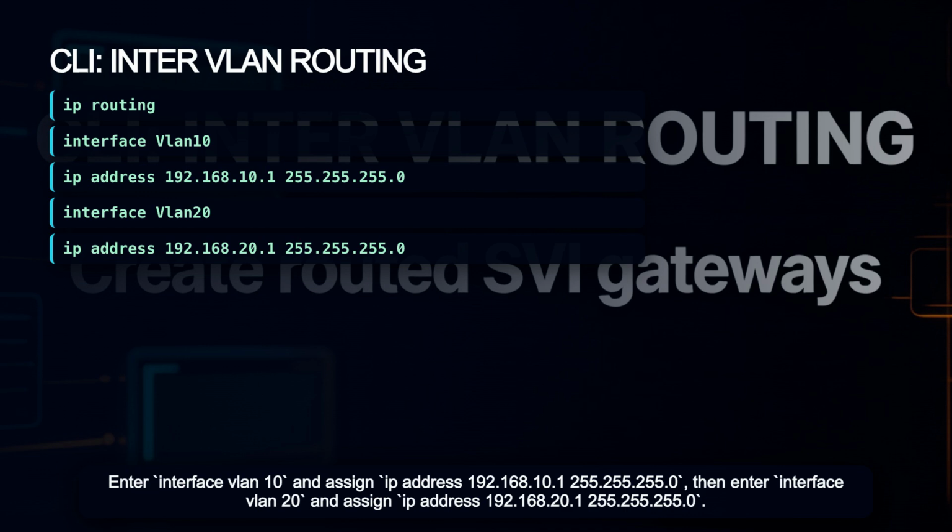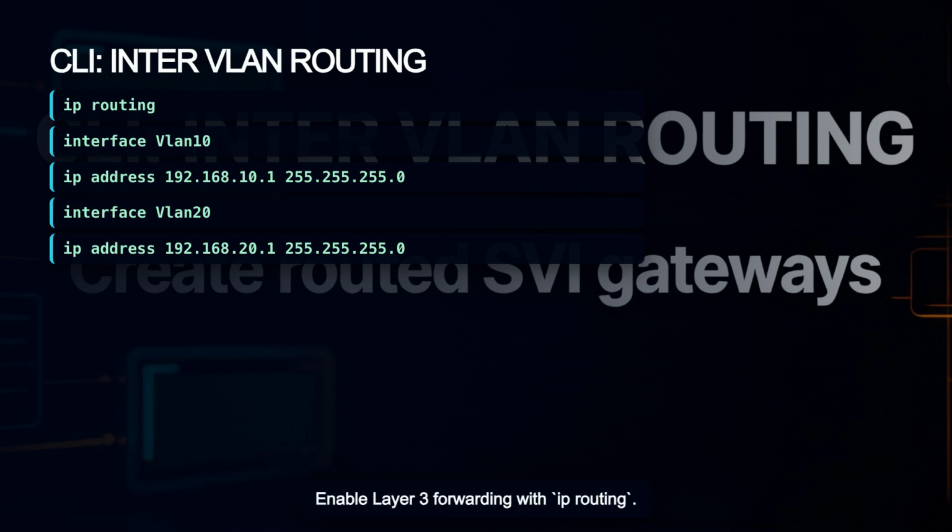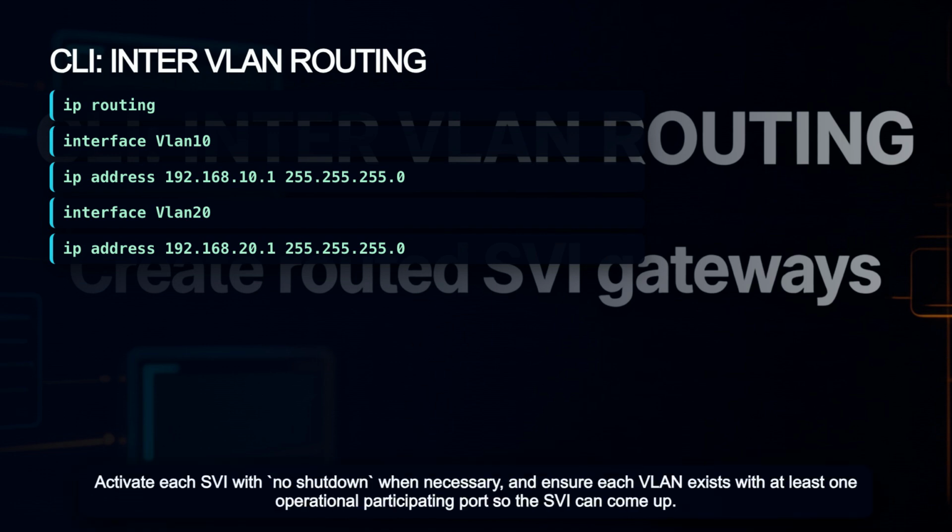Then enter interface VLAN 20 and assign IP address 192.168.20.1 255.255.255.0. Enable Layer 3 forwarding with ip routing. Activate each SVI with no shutdown when necessary, and ensure each VLAN exists with at least one operational participating port so the SVI can come up.